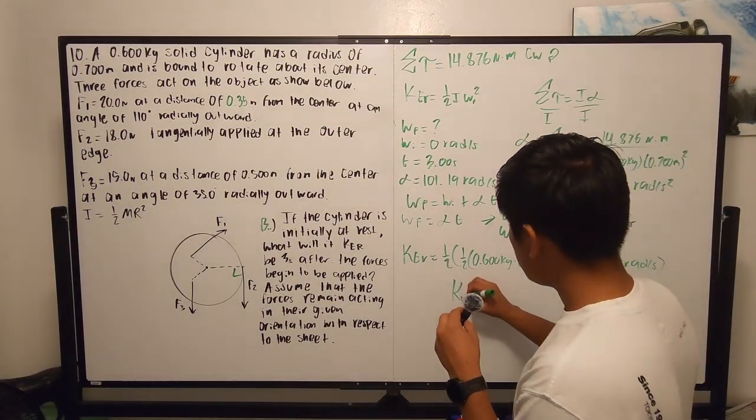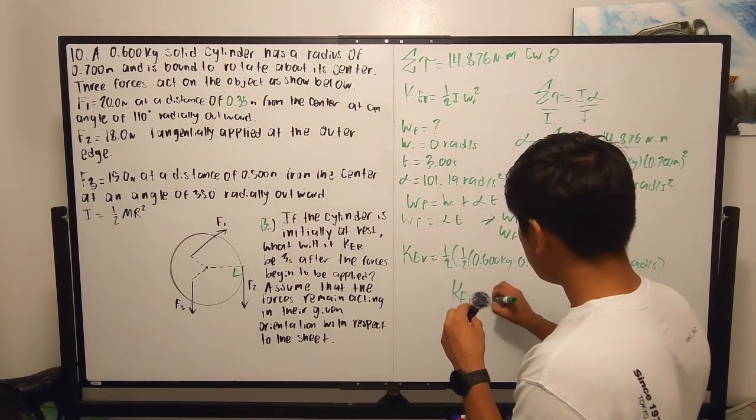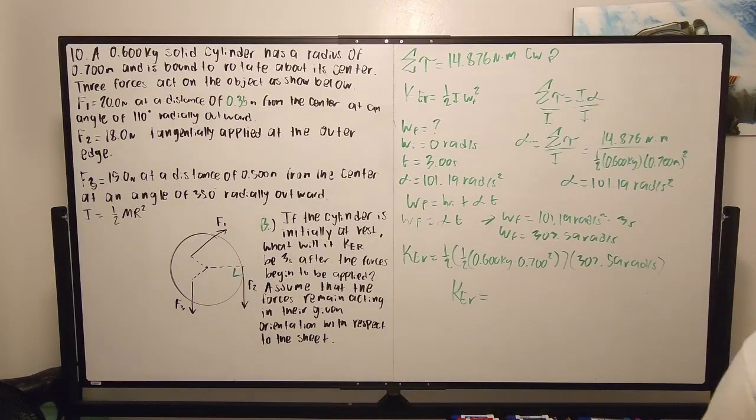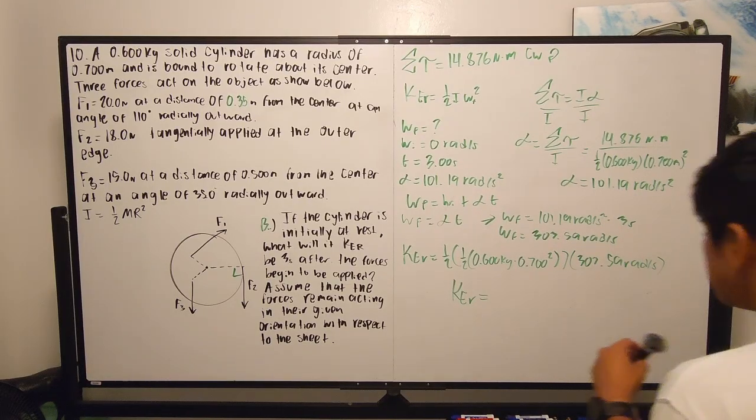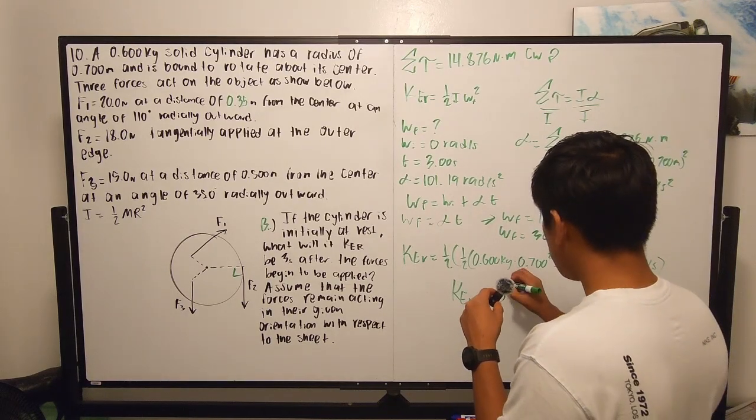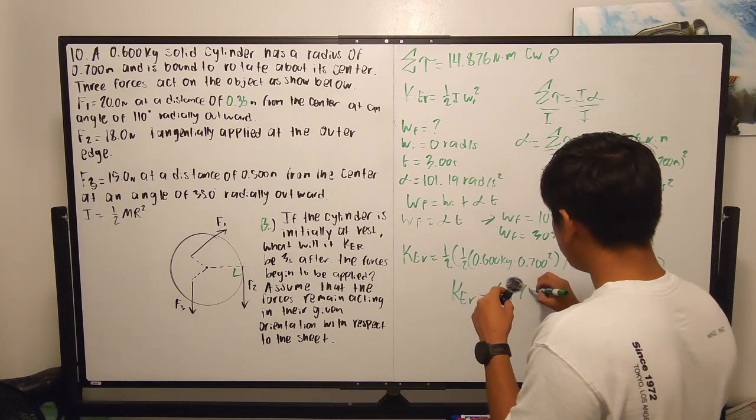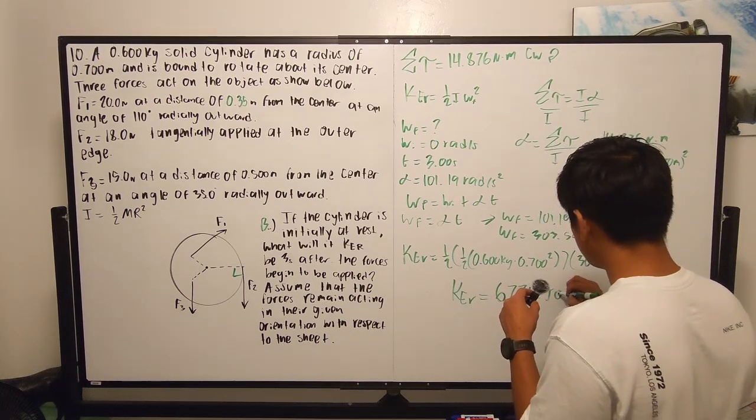Plugging all of that into your calculator, you'll get that the rotational kinetic energy at 3 seconds is equal to 6,774 joules.